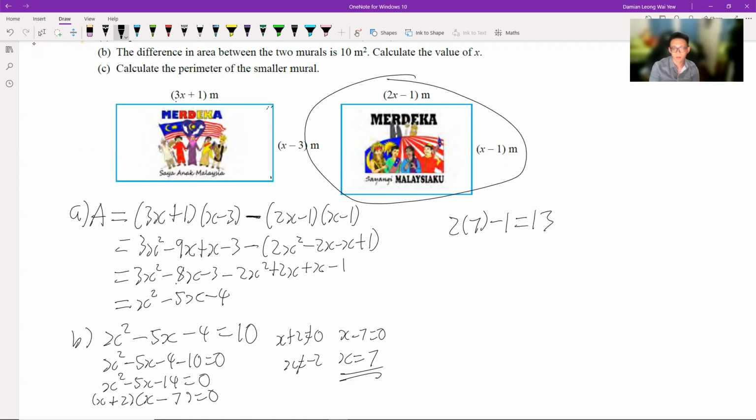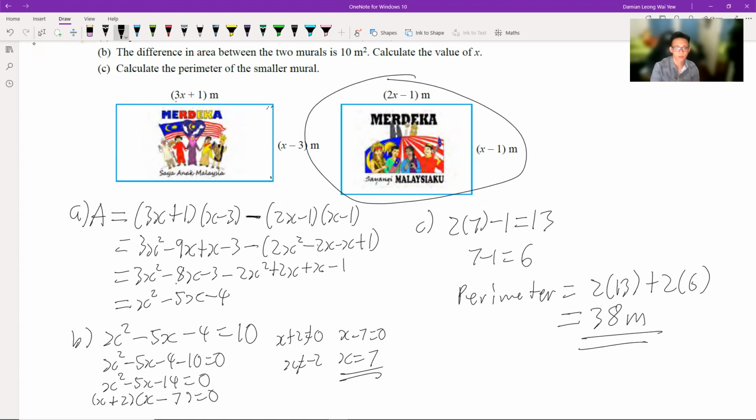13. 7 minus 1, 6. Means the parameter is 2 times 13 plus 2 times 6. So 26 plus 12, 38. 38 meters.